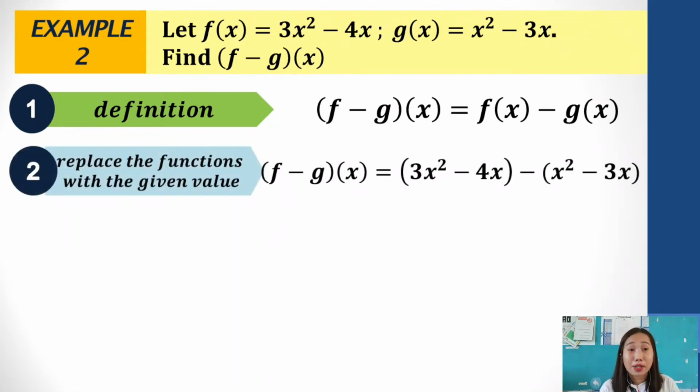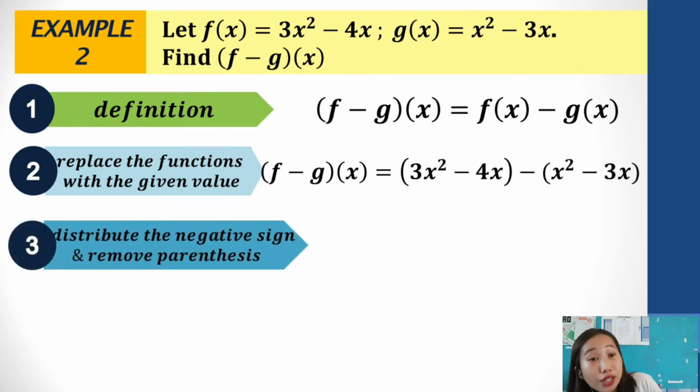So, next step is to replace the functions with the given value. Yung f of x natin, pinalitan siya nung given value niya, which is 3x squared minus 4x. In-enclose ng parenthesis, syempre, minus parenthesis na naman nung value ni g of x. So, naging x squared minus 3x siya.